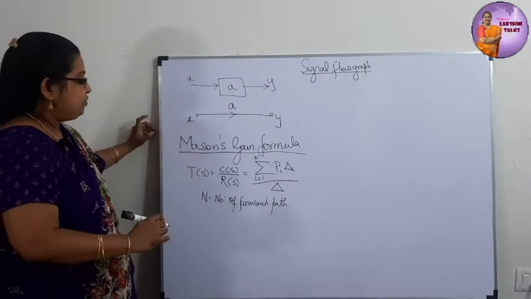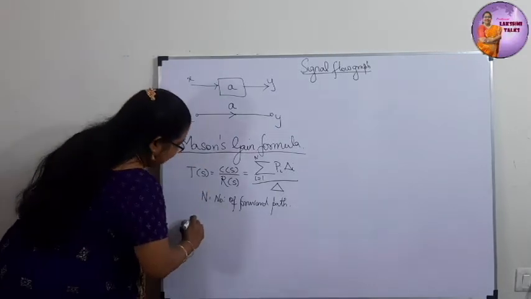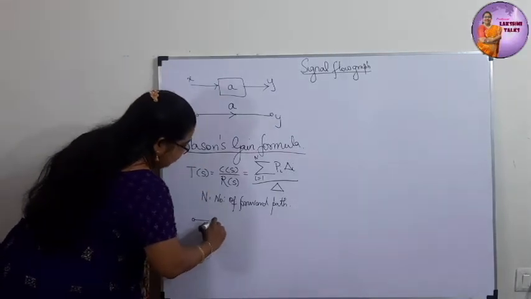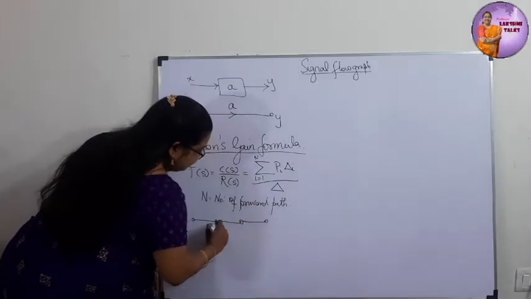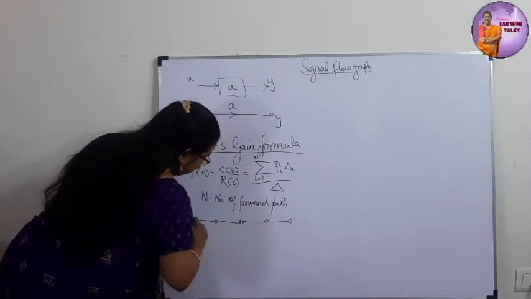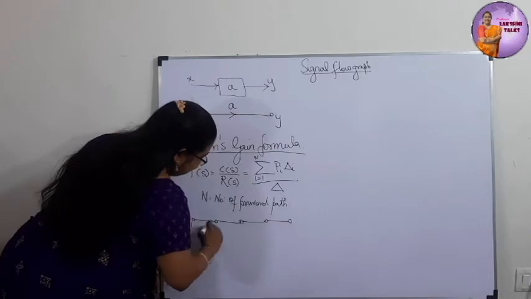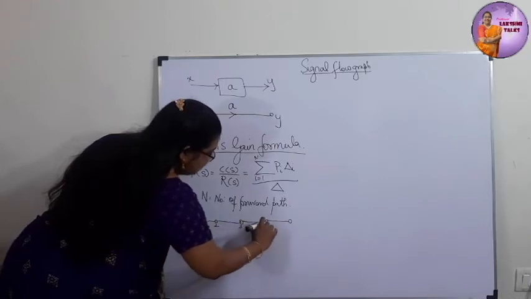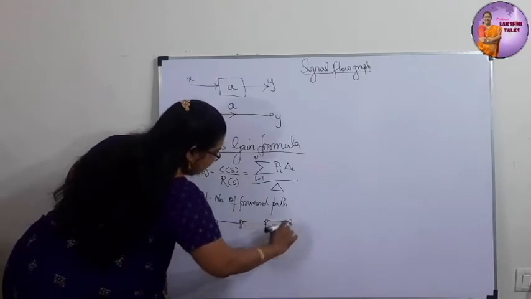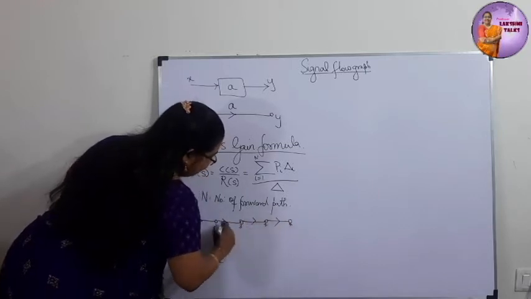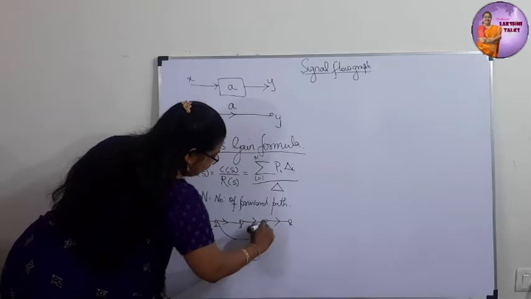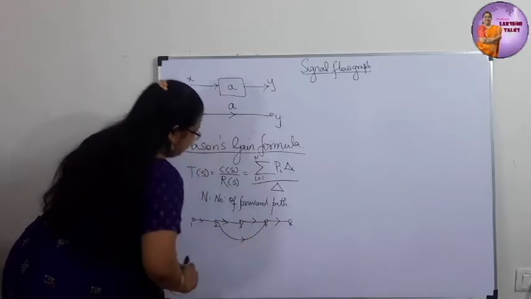For example, let us draw a signal flow graph. I'll just write the nodes and number them.